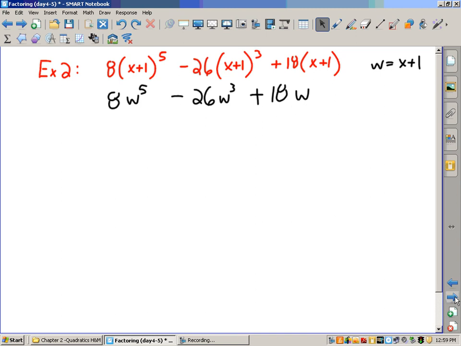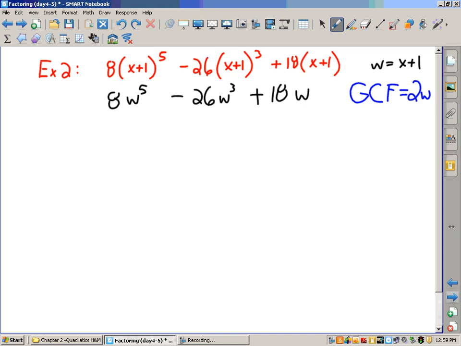Yeah, GCF. Don't start doing anything. I just use substitution up here to make it look easier. That's the only reason substitution was there. It didn't do anything. It just kind of eased my mind of, whoa, this looks complicated. Now, I want to see what's my greatest common factor. That's always step 1. 2W, correct.